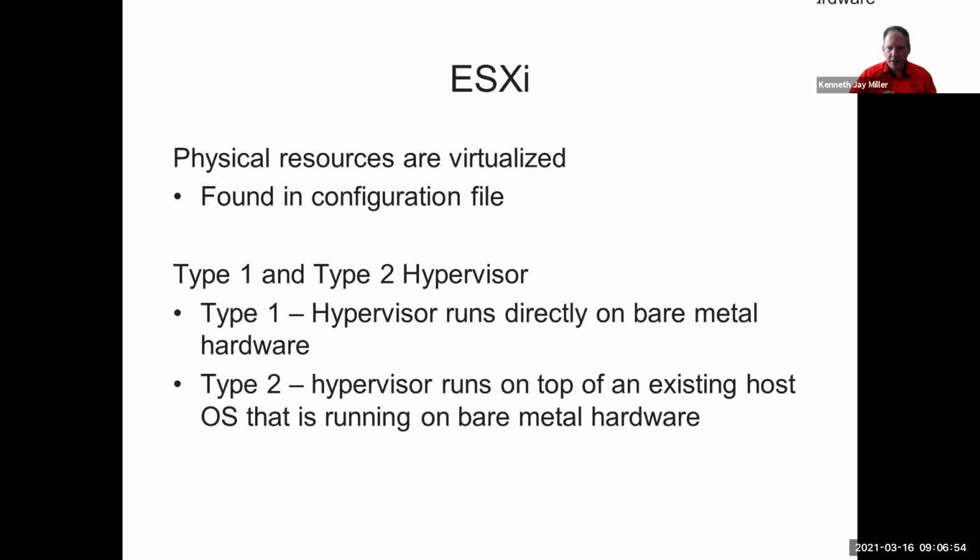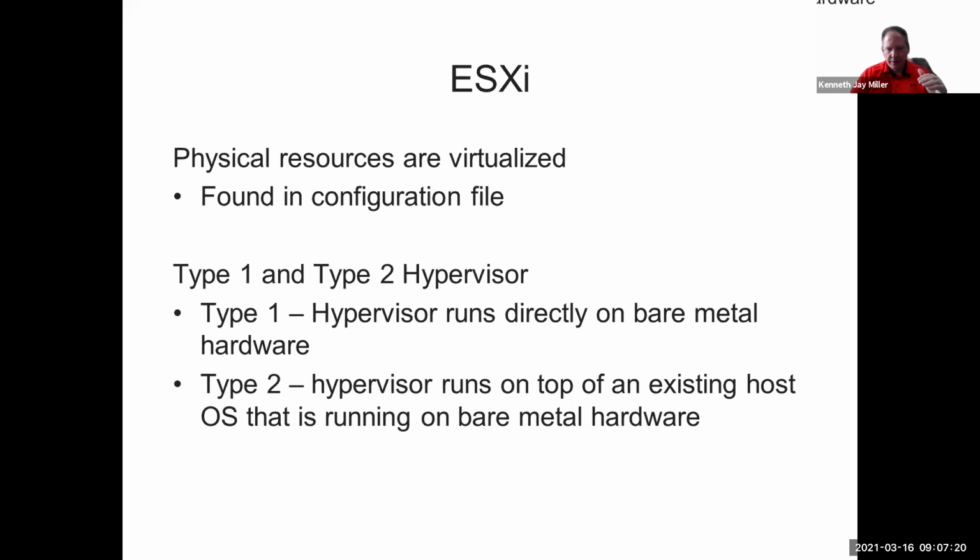That is a type 1 hypervisor. Type 2 was the VMware Workstation that ran on top of, it was an application that we downloaded from a server and then ran the installer and just clicked our way through it. And it ran as another application inside of Windows 10.